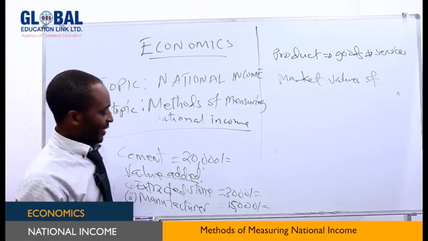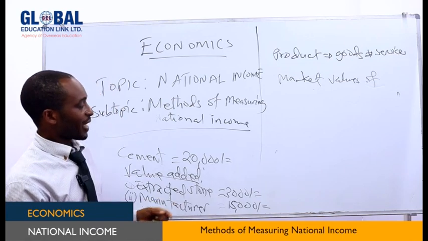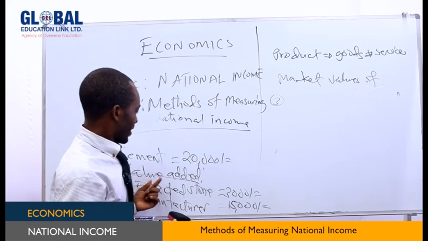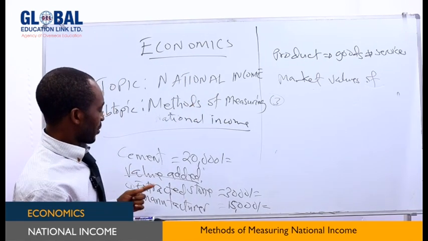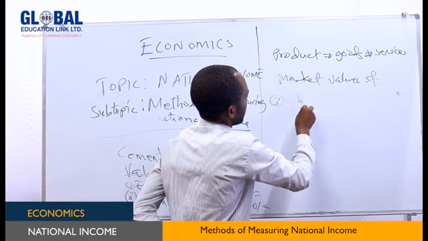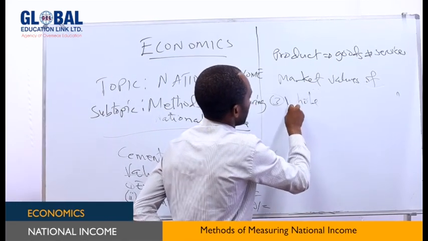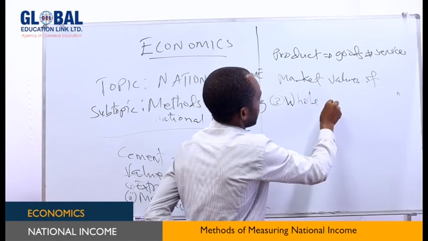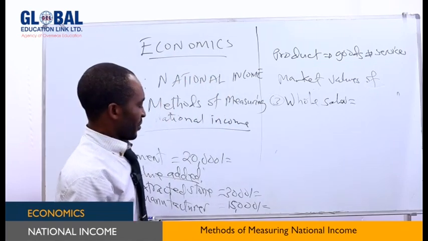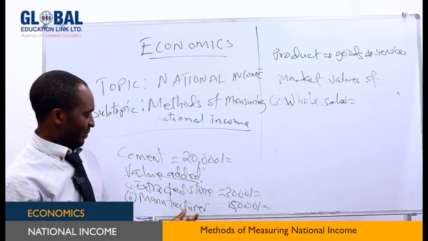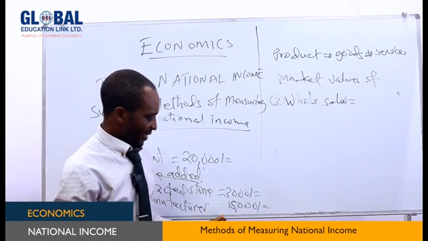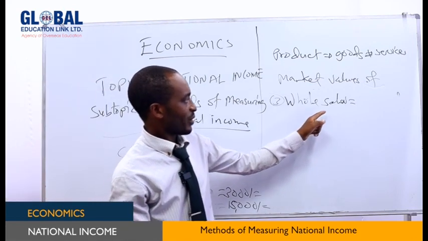A manufacturer can sell the cement to the wholesaler. Let's say case 3, the cement, before reaching the final user, will go to the wholesaler. Now the wholesaler will buy the cement from the manufacturing industry, then bring it to his or her store.